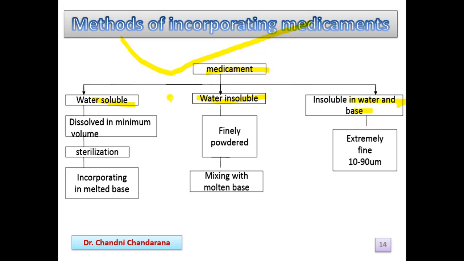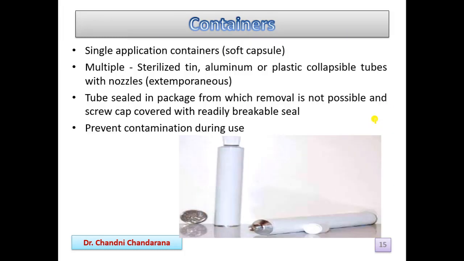If the medicament is water soluble, we have to dissolve it in a minimum volume. After that we have to do sterilization and incorporate in a melted base. If it is water insoluble, then we first take a finely powdered drug and after that we mix it with a molten base. And if it is insoluble in both, we have to take extremely fine particles.